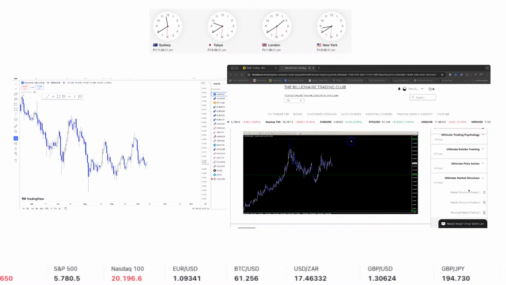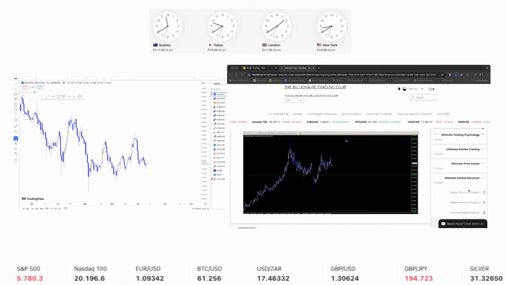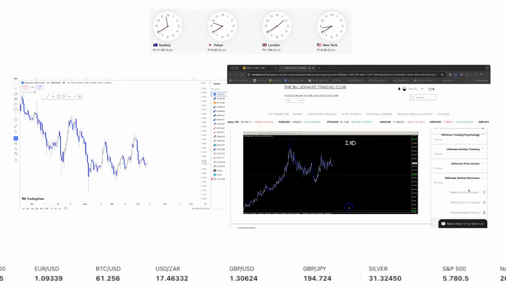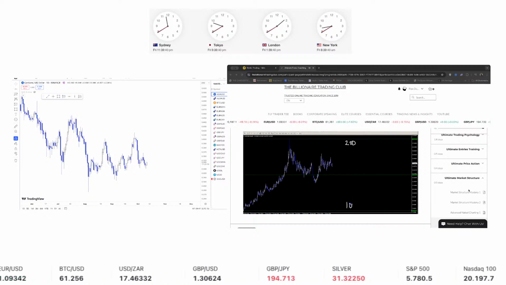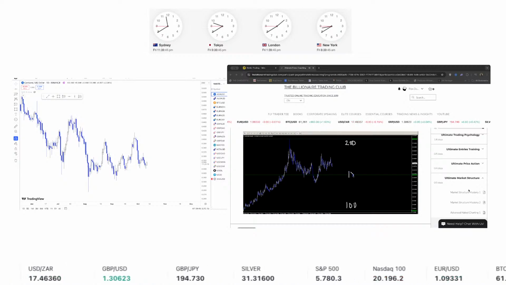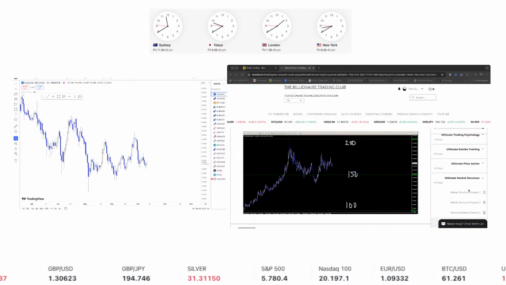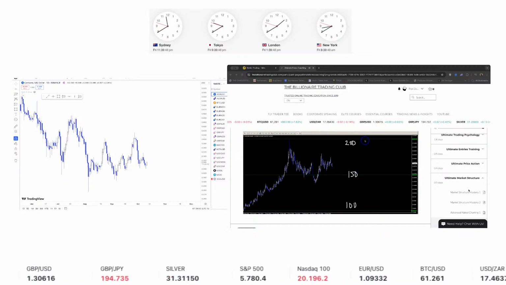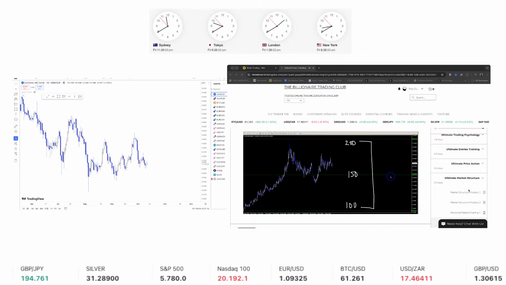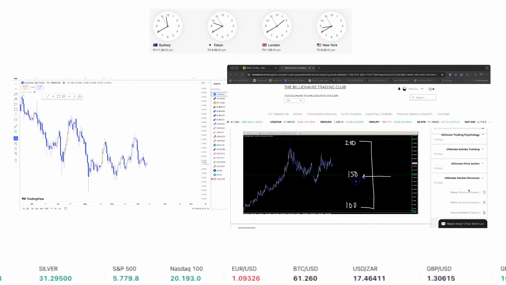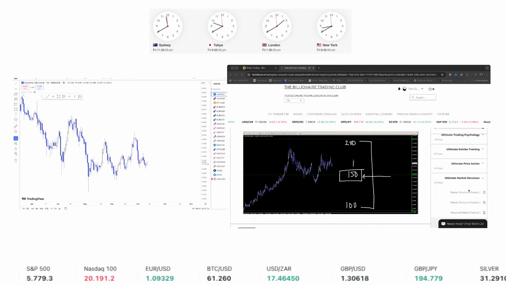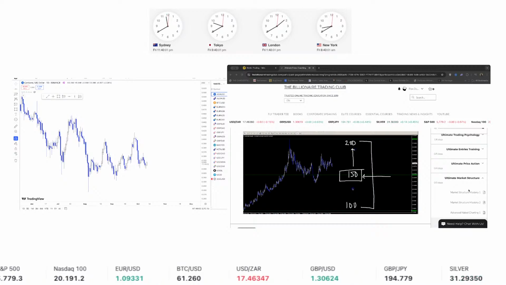Okay, let me simplify it. Let's just use $100 here. So if the lowest price was 100, the highest price was 200, the equilibrium or the fair value is right in here. This is halfway. It's 50 here, 50 here, right?